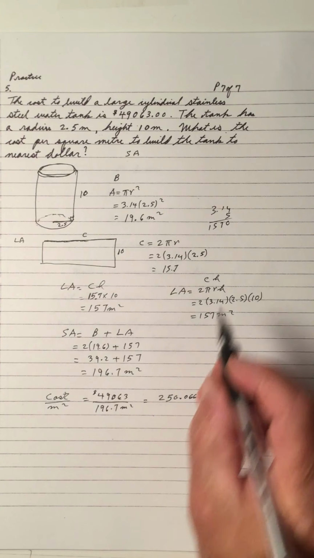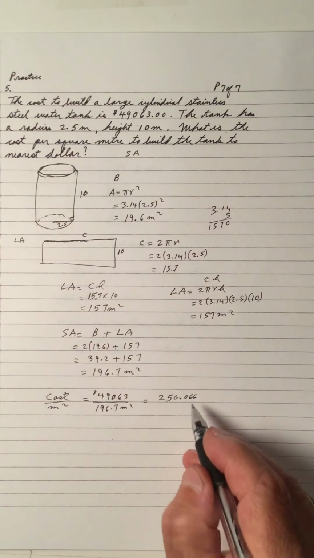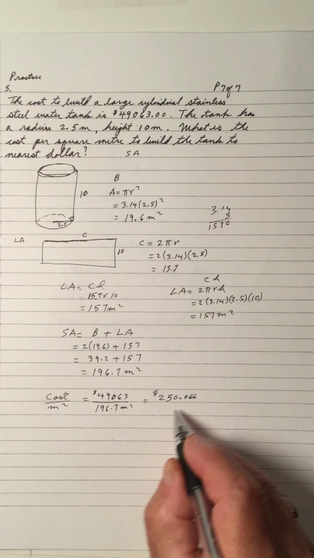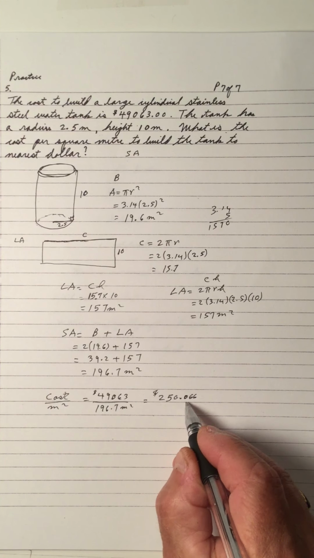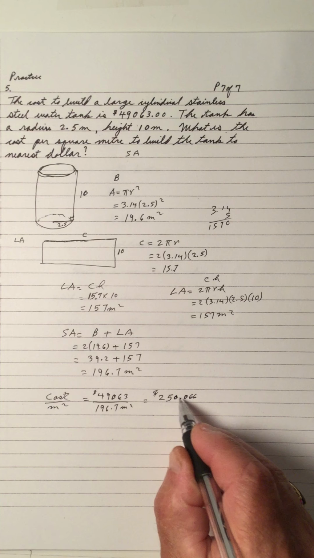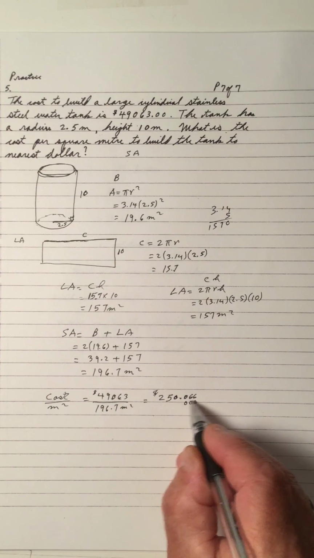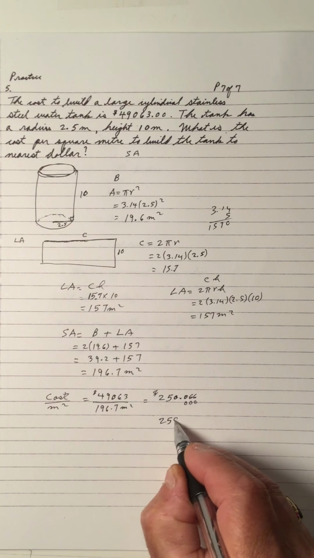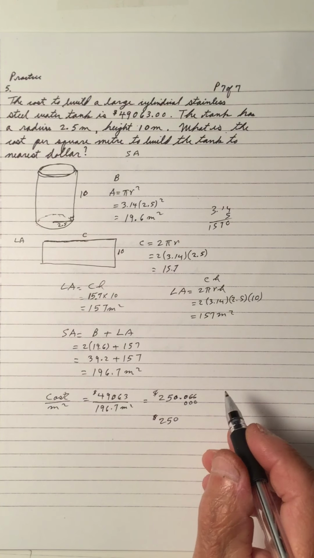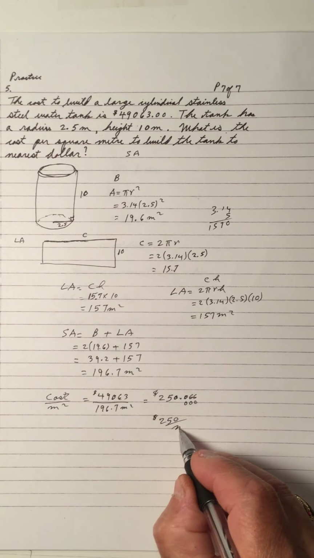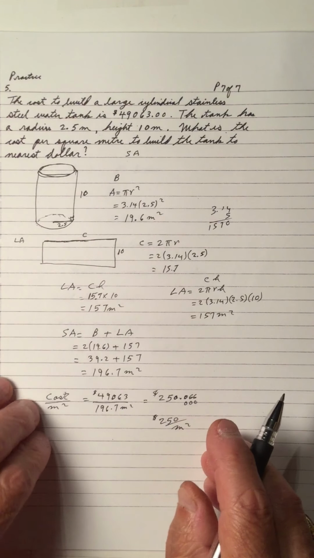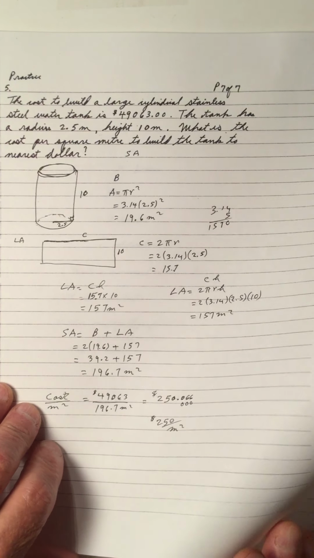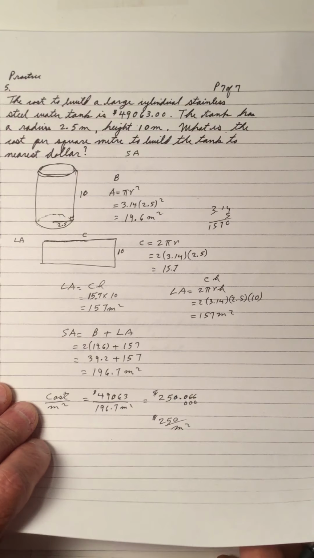It says round it off to the nearest dollar. So the nearest dollar is here. So that's a 0, 0, 0. This is less than 5, so we leave it. So the answer is $250 per square meter is the cost to build this large cylindrical stainless steel tank. Stainless steel is expensive.